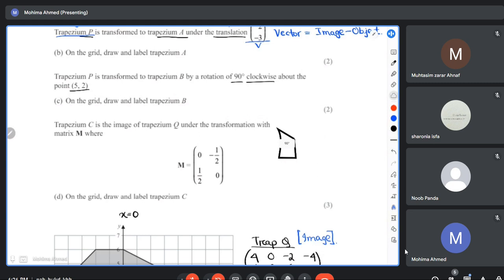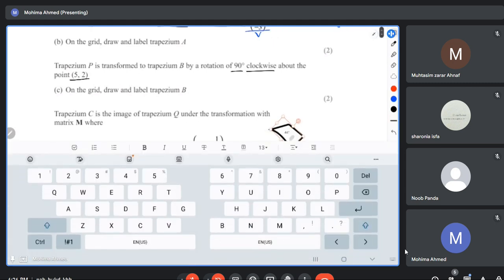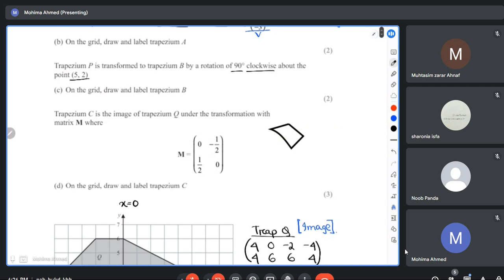But the problem is this is a rotation exactly on the same point. The position is not changing. It's just rotating about a fixed point. But the problem over here is that in your question for part C, it is saying that it was rotating about the center (5, 2). So the rotation was not at the same point or from the center. This is from the point (5, 2).